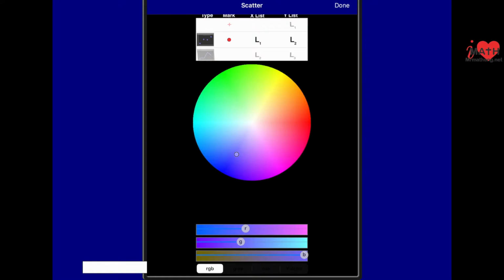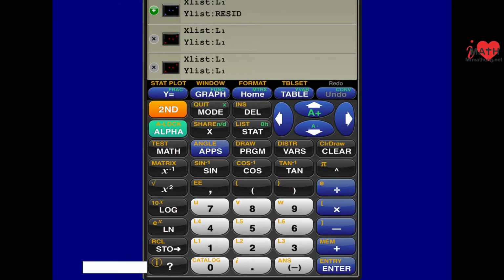Okay, and we have here scatter plots, and then let's see. Okay, so for mine, I just had to scroll through, and it says resid, and I just press done, and then we just press.